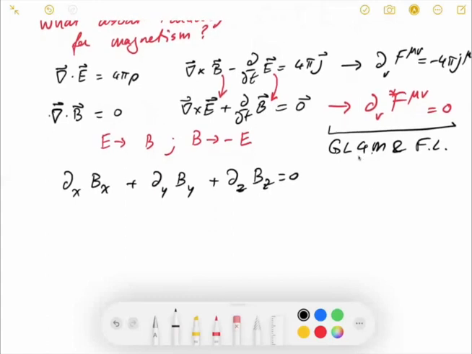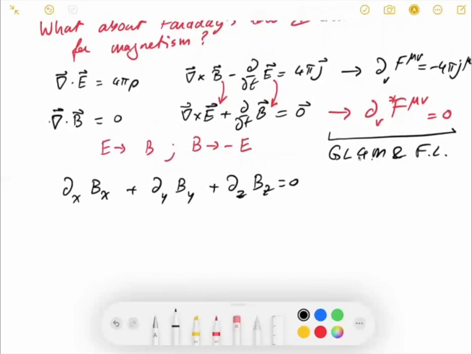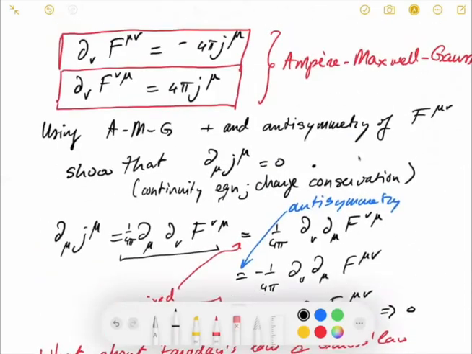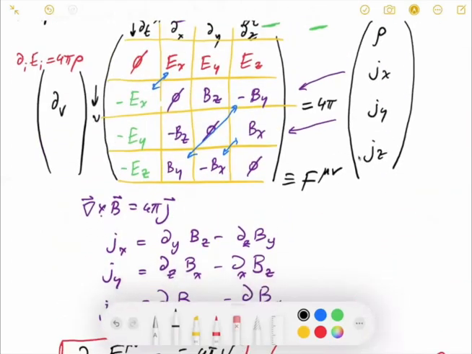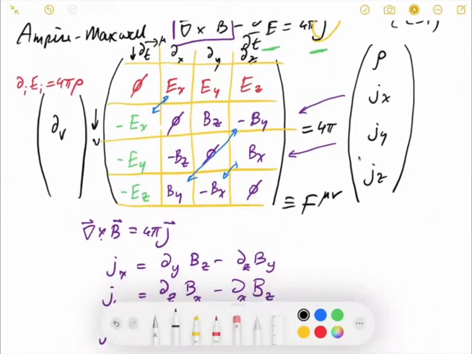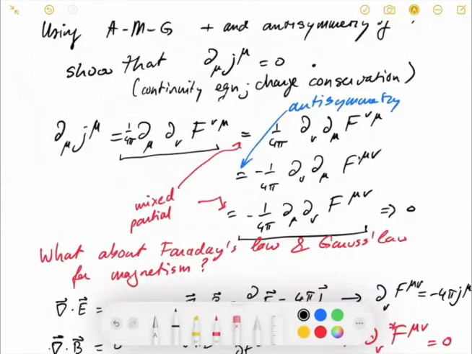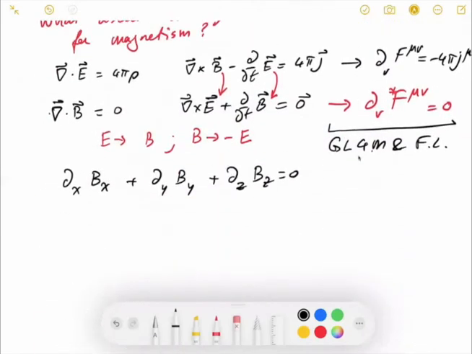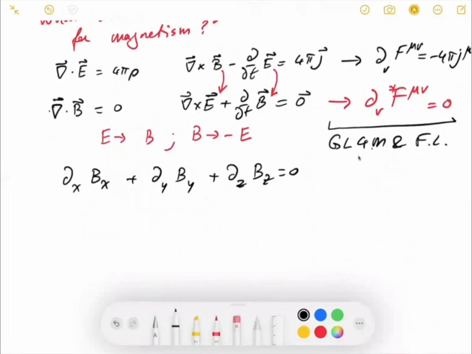So let's see if we want to use the field tensor. Let's see where the Bx, By, and Bz are residing in our tensor. So Bx would be in column 3, row 2. So that would be del x F column 3, row 2.